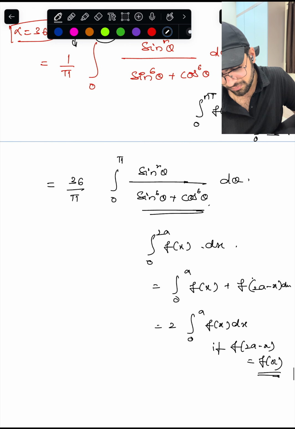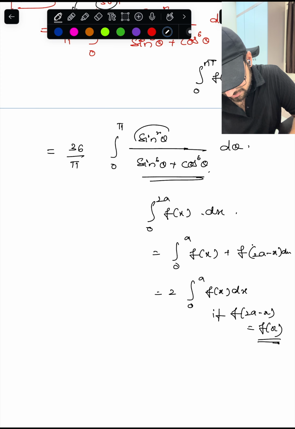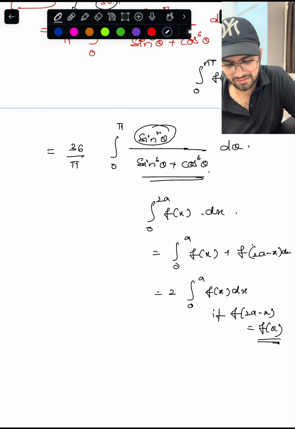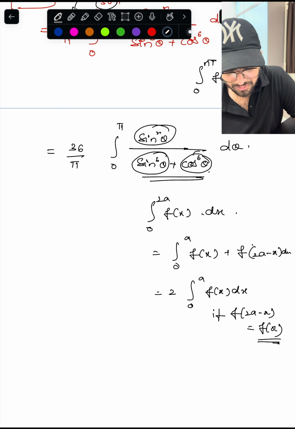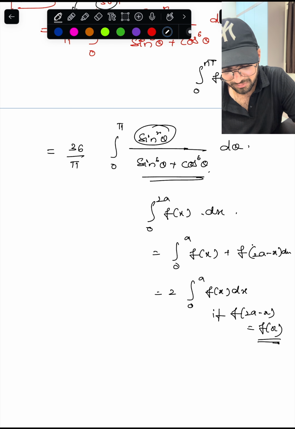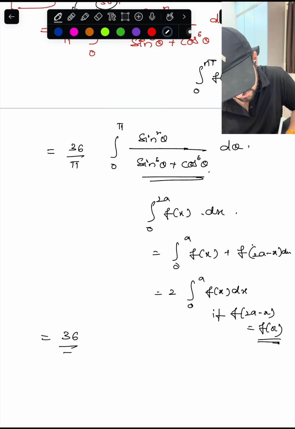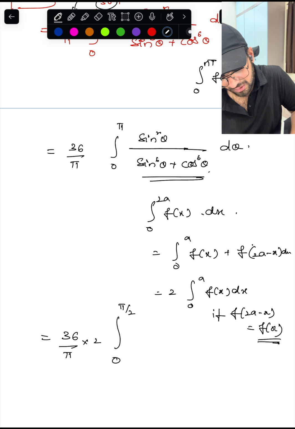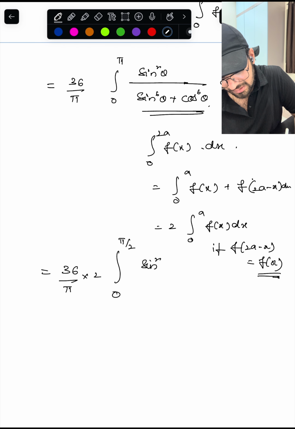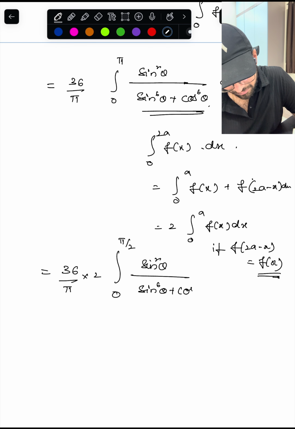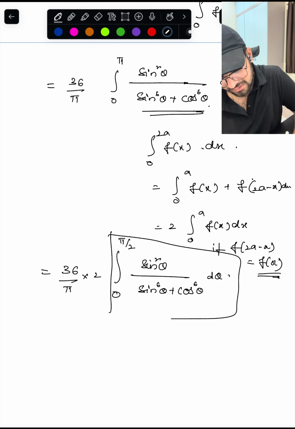Just use this property here. f of 2a minus x means sine of pi minus theta, which is sine theta only. Here it is also sine theta only. Here it is minus cos theta, but since the power is even, cos theta will be the same. So you are getting the same function. So again you can reduce this as 36 by pi into 2 times the integral from 0 to pi by 2 of sine square theta by sine power 6 theta plus cos power 6 theta d theta. Okay, so let's focus on this part itself.